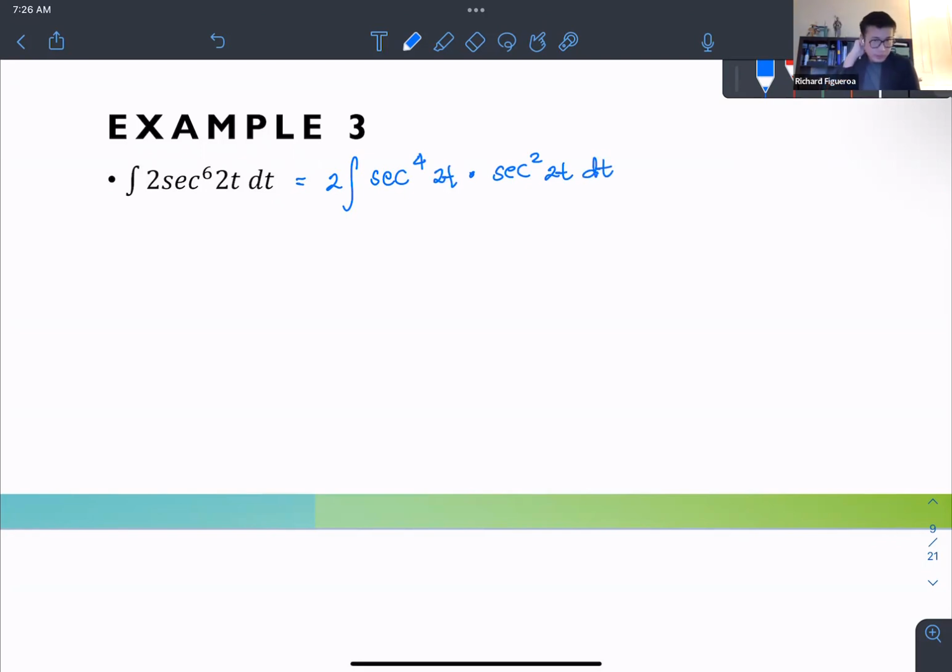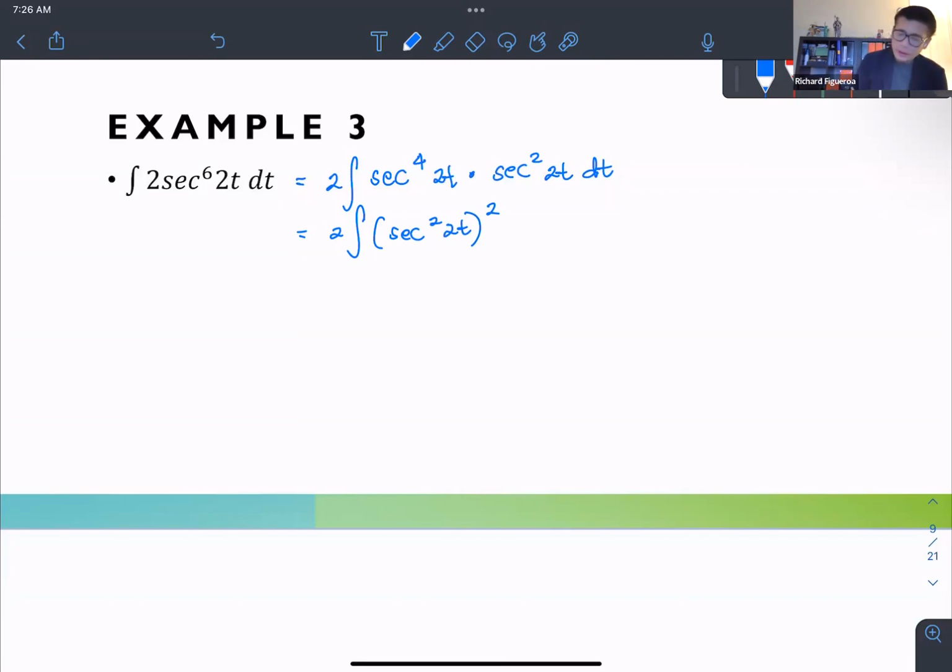Before we can use our identity, which is for secant squared, we need to transform this into secant squared 2t raised to 2, because our identity is secant squared.